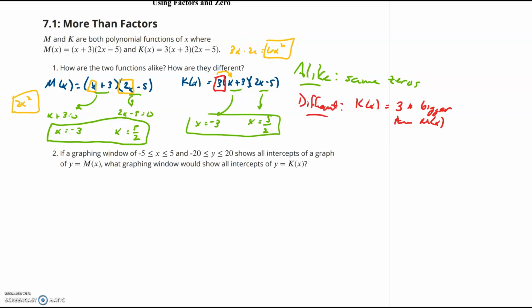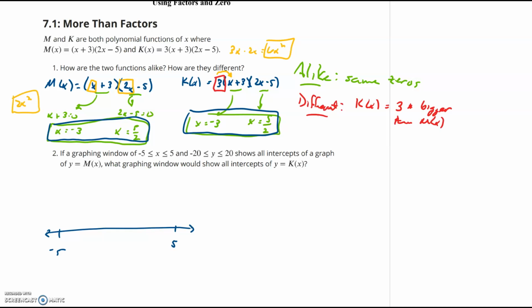Well, for this one, I recognize that since my x-intercepts are the same in both functions, my graphing window from negative 5 to positive 5 in the x direction should be fine.